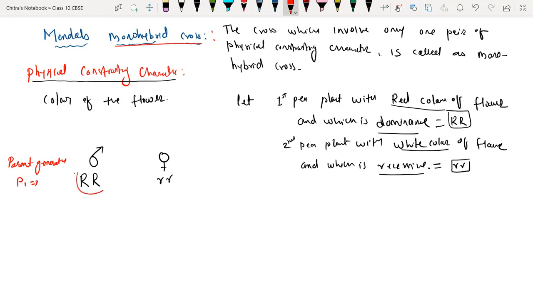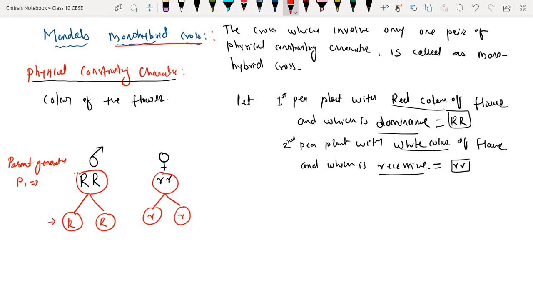These are the diploid cells. When they divide by the meiosis process, they will form gametes. The male plant will produce gametes with capital R only, and the other plant will produce gametes with small r, because they have only one character, red or white.